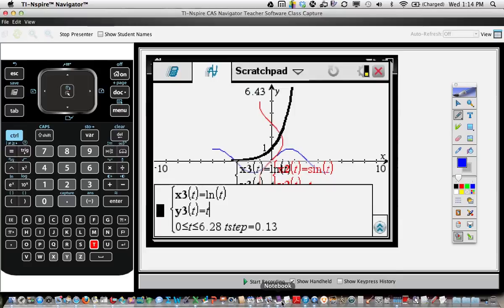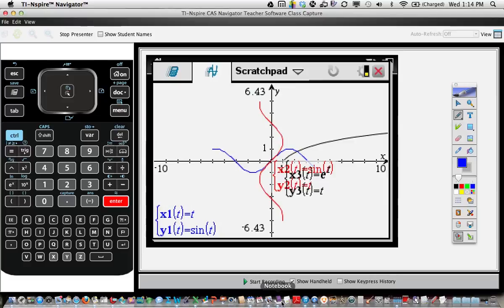So he switched that, so he got the inverse of ln, which is e to the x. If he changes this ln t to e to the t, then he'd be doing the inverse of the e to the x graph, which should be the natural log graph. Okay, e to the t, there's a natural log graph.